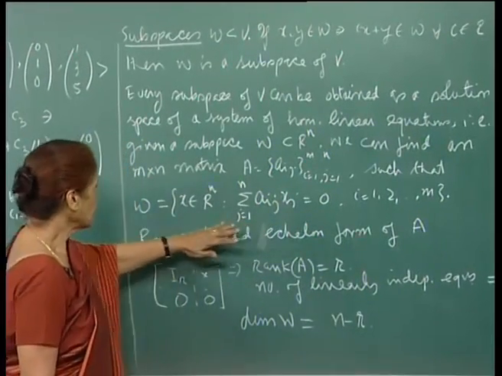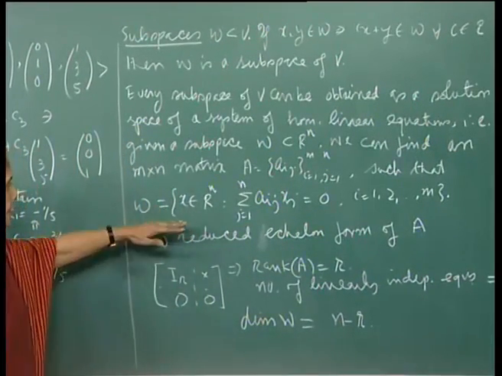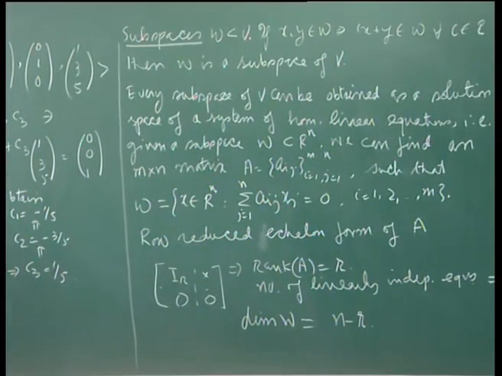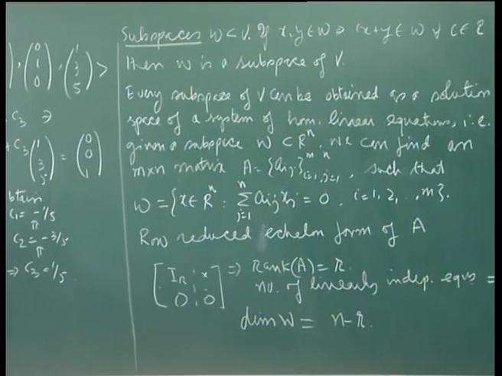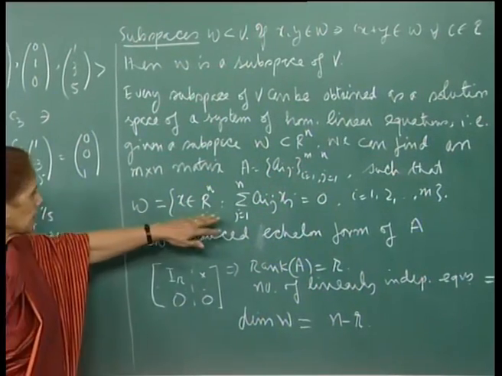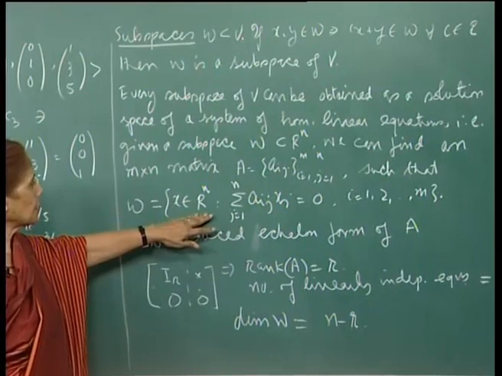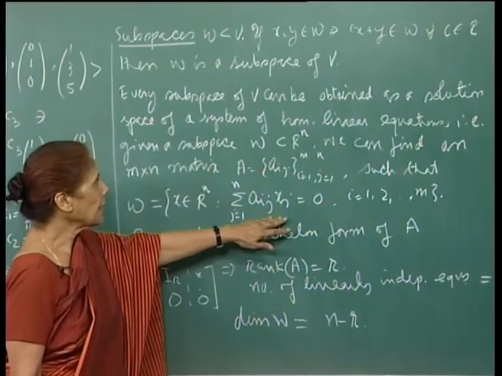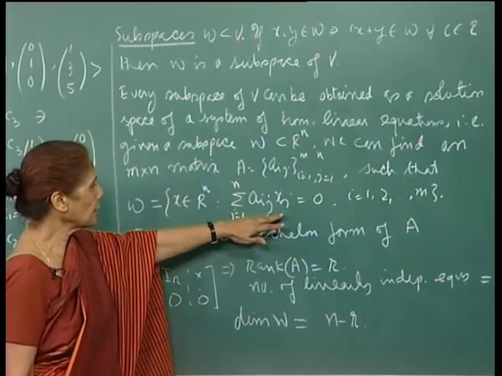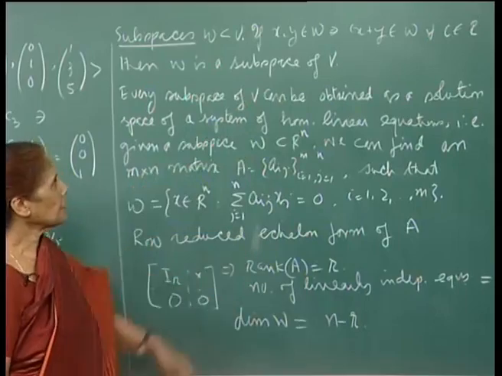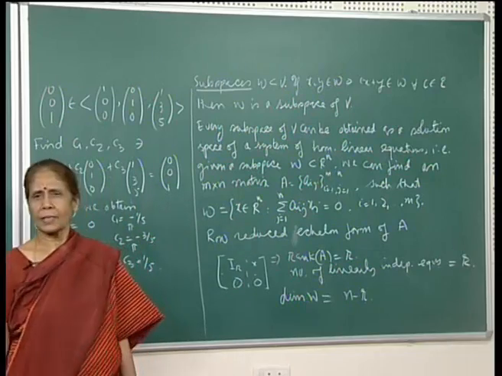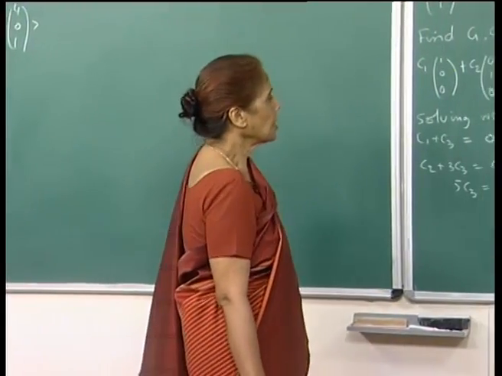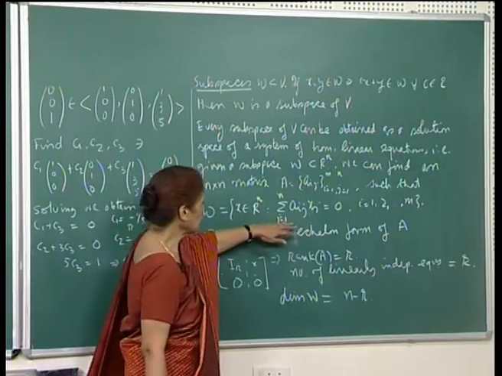And of course, we have also seen that when you take a system of homogeneous linear equations, the solution space forms a subspace in Rn, if I am talking in terms of n variables, because the sum of two solutions will also be a solution, and a scalar multiple of a solution will also be a solution. So, that means the condition will be satisfied that for all x, y in W, Cx plus y is also in W for any real number C. So, therefore, the solution space here is a subspace.